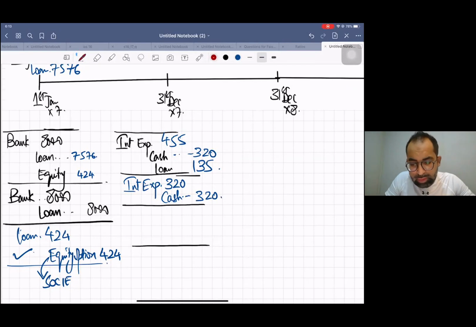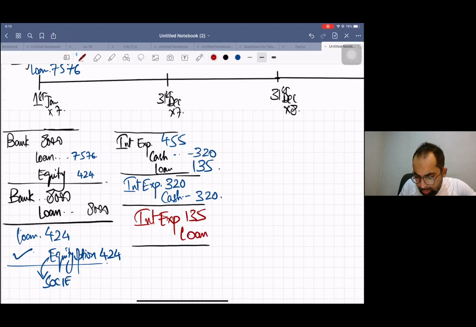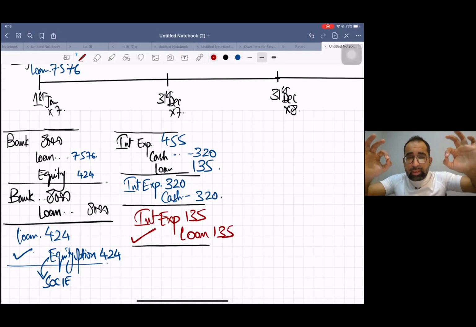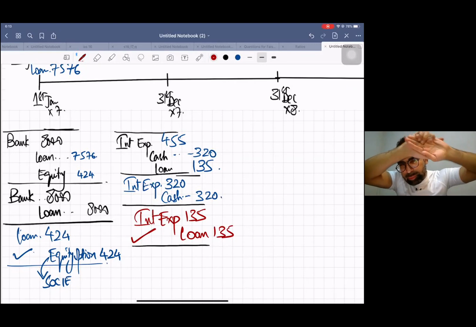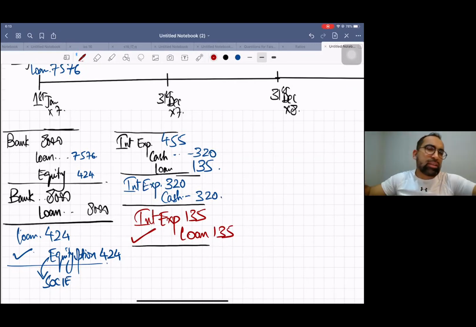So now tell me, what's the final correcting entry we need to adjust now? This is, I think, 135. So interest expense debit 135 and loan credit 135. Okay, so just two entries. Just pass the two entries with the right tick and your adjustment is done, you will get full marks.